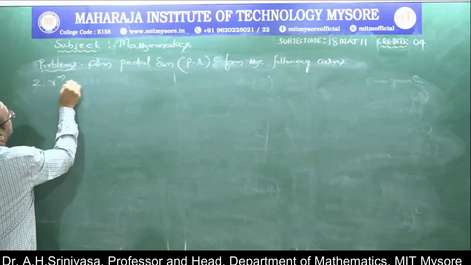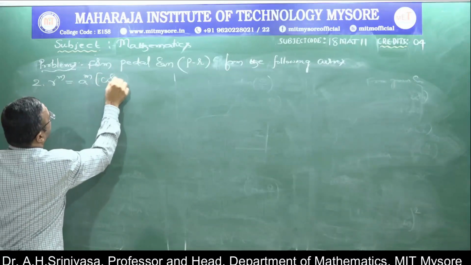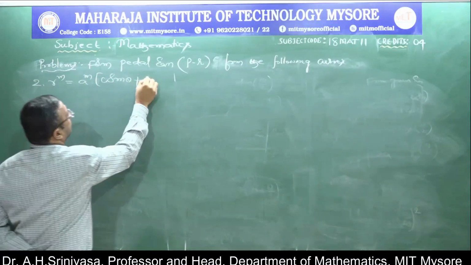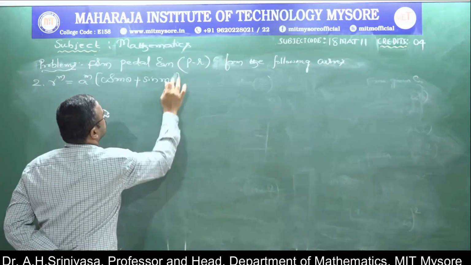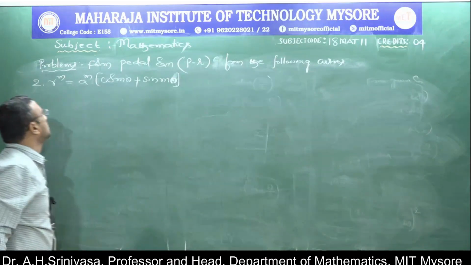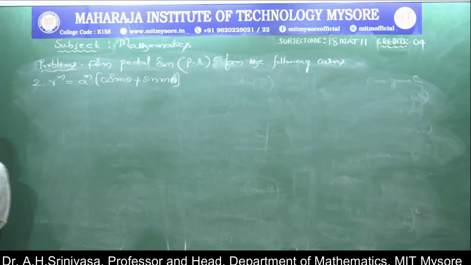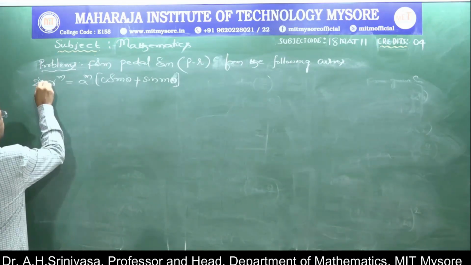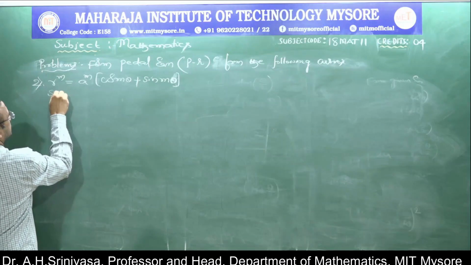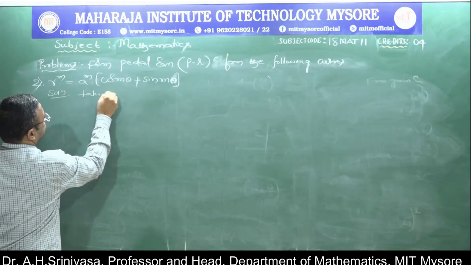r power m equal to a power m into cos m theta plus sin m theta. r power m equal to a power m cos m theta plus sin m theta. Okay. Now as usual, solution, same, taking log on both sides.